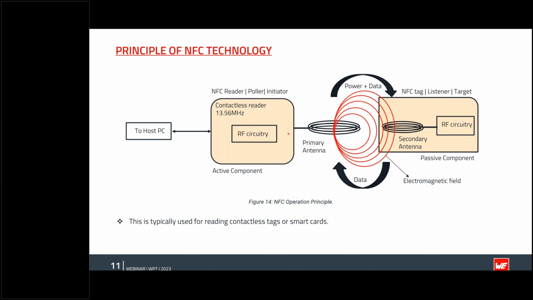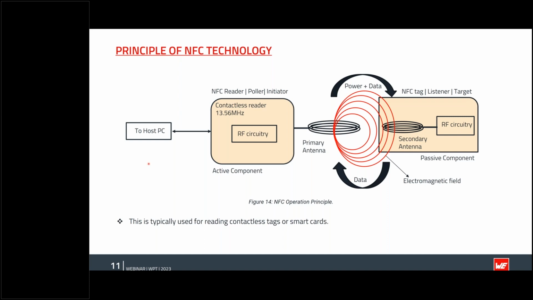In NFC, we call the transmitter coil and the receiver coil simply the primary antenna and the secondary antenna. The transmitter side is usually called the NFC reader, poller, or initiator, and the NFC tag is then the listener and the target. These are the different names used for the receiver side.